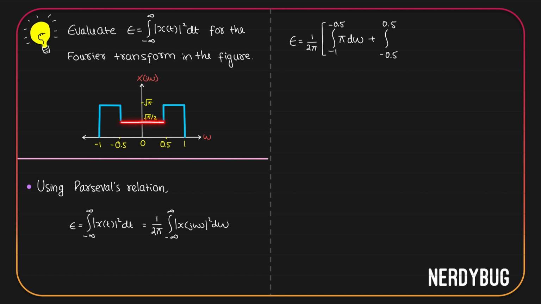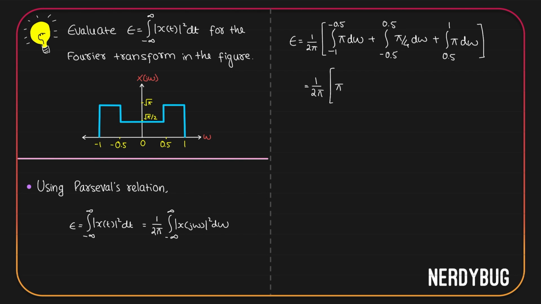Here the magnitude is root pi by 2. Squaring, we get pi by 4 d omega plus integral from 0.5 to 1. Magnitude is root pi, square is pi, so pi d omega.